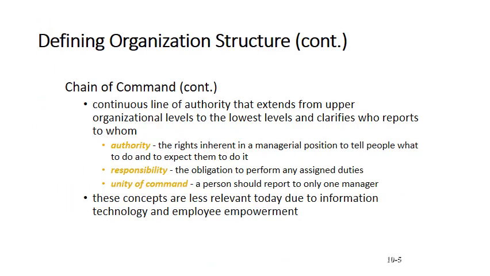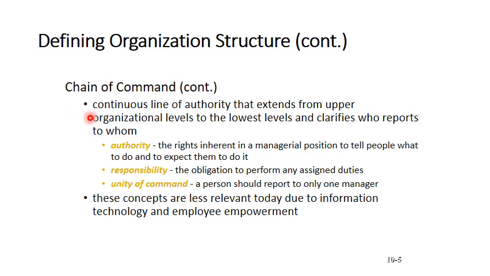Sometimes, although it happens rarely, people get confused and they need to know who their boss is. That's what the chain of command is all about. The chain of command is the line of authority extending from upper organizational levels to lower levels, which clarifies who reports to whom.